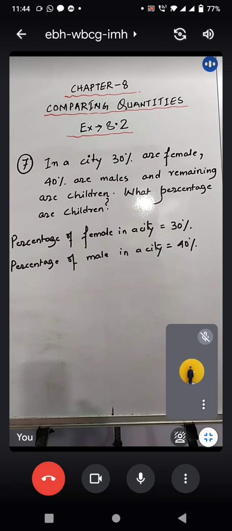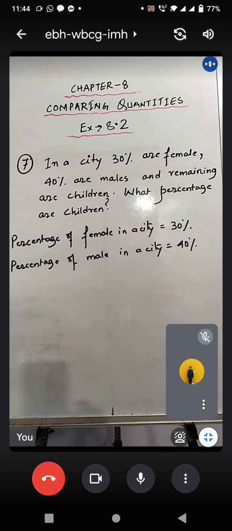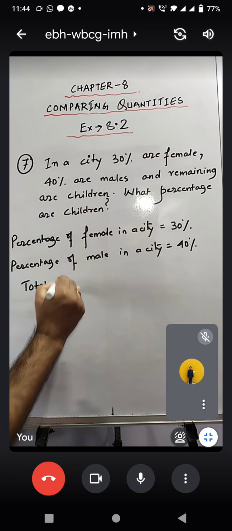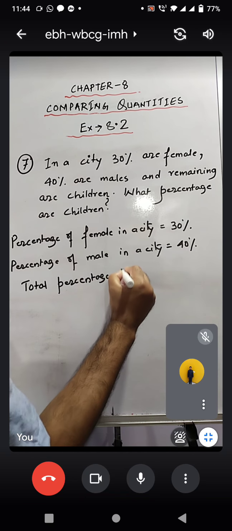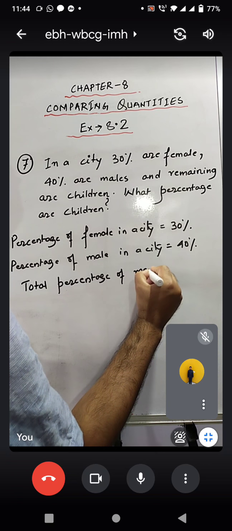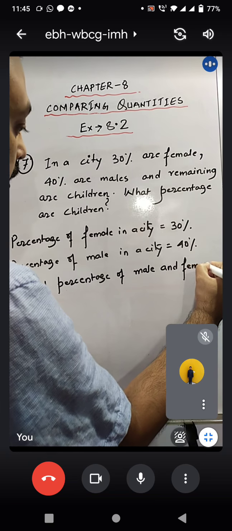Now, before we find out the percentage of children, the first thing we'll find out is the total percentage of male and female. So the total percentage of male and female would be equal to 30 plus 40%, that would be 70%.